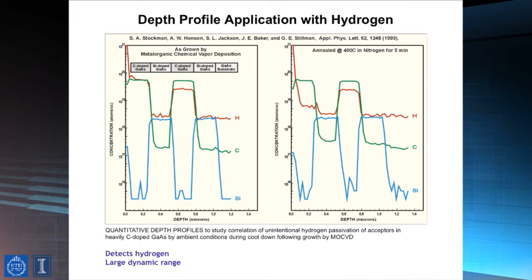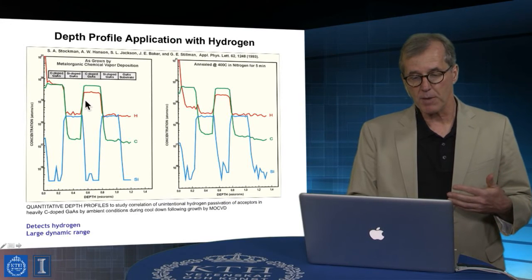Now, hydrogen is a very hard to detect atom as a substitutional or dilute compositional component in a crystalline solid. And there's a few techniques that let you do it, but this is a really powerful example of it being done using a mass spectrometric method.